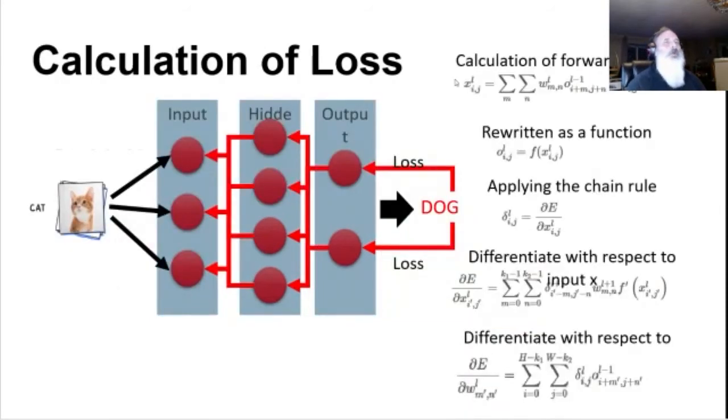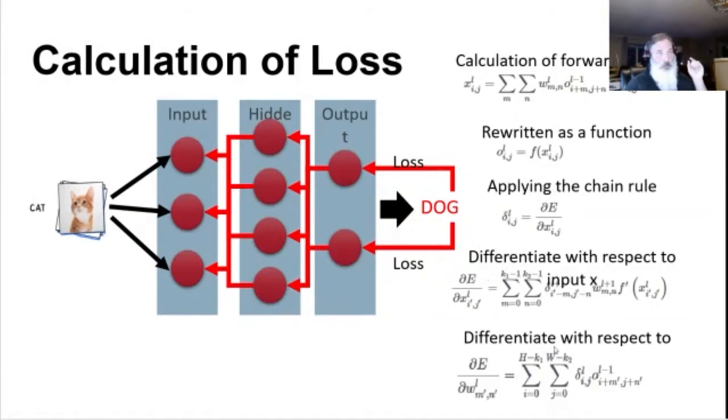Okay, and again, here is that calculation of loss. The first equation here is the calculation of the forward pass. Then we rewrite this as a function and apply the chain rule. That gives us the ability to differentiate with respect to, first, the inputs, and then the weights.